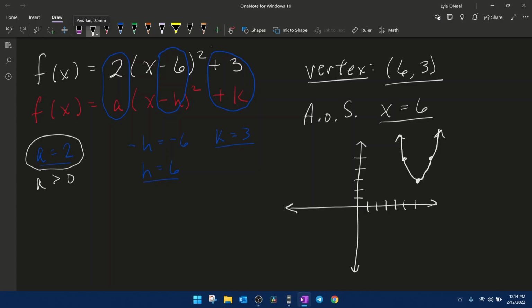Now, if you want to verify that at 5 and 7, we are up at a height of 5, you could plug those into the function and work it out.